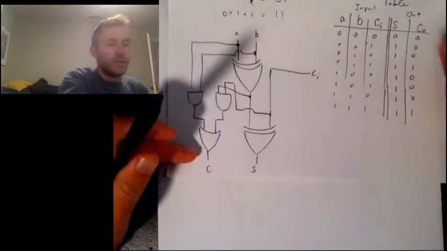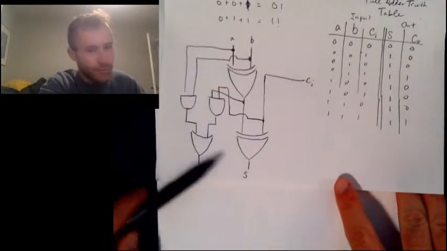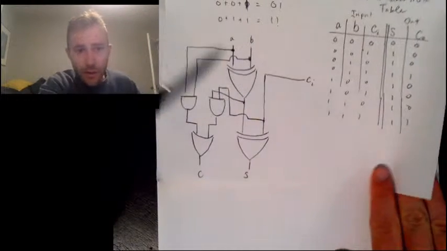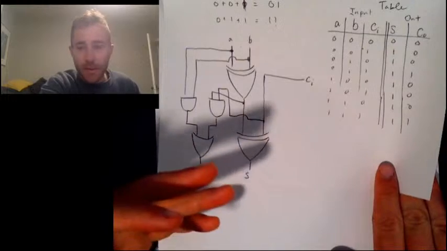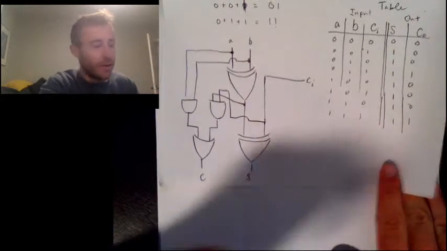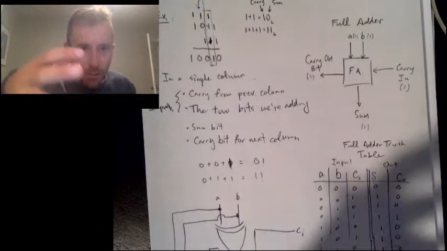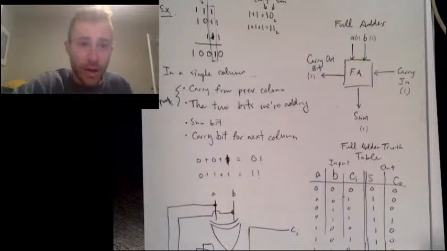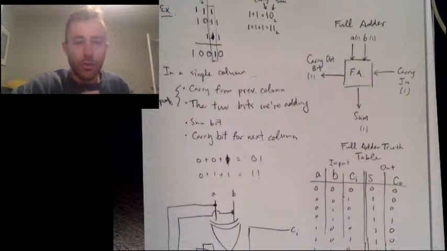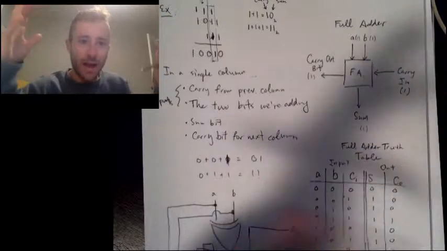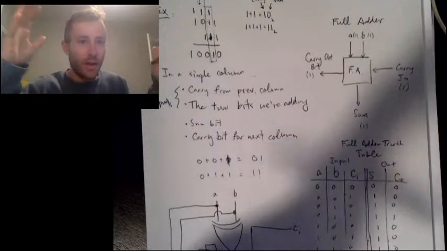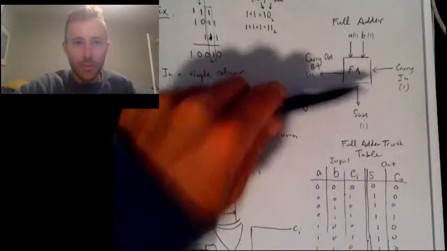Now, how do you make a circuit that can add together binary numbers? You make it out of full adders. This is sort of called modular design. We're trying to build something that can add numbers together, and we make it out of this simple full adder block.